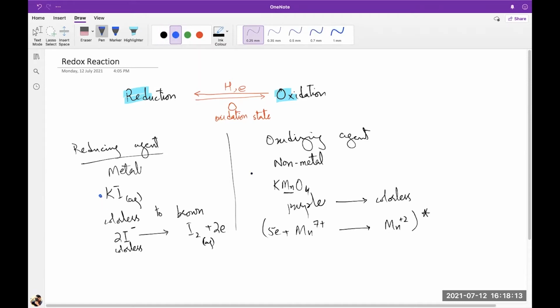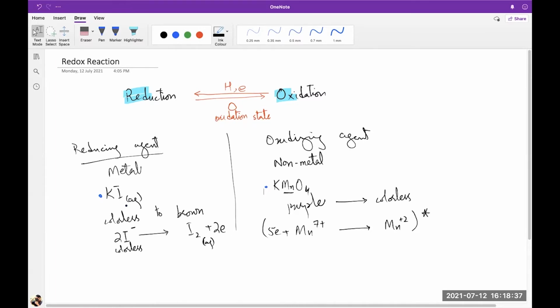So let's revisit them. Potassium iodide is giving electrons, so it is reducing the other thing, which means it is oxidizing itself. Potassium manganate is gaining 5 electrons, so it is oxidizing the other thing. It's taking that thing's electrons away from it. It takes its electrons for itself, so what does that mean? It has oxidized it.